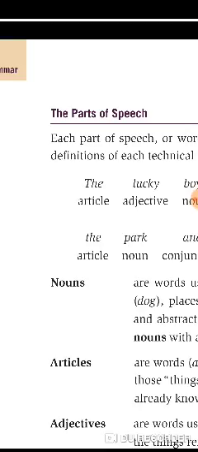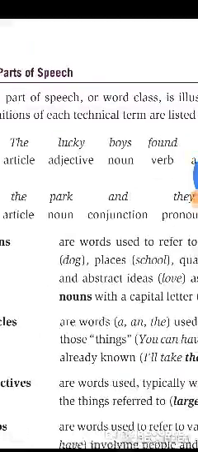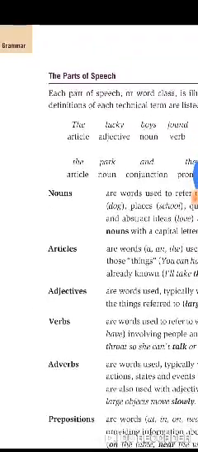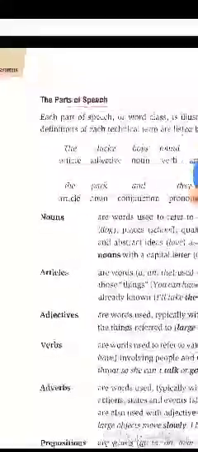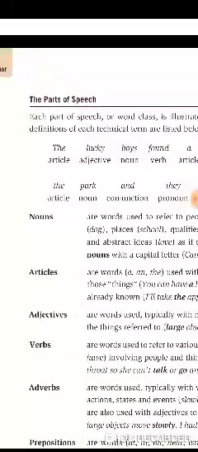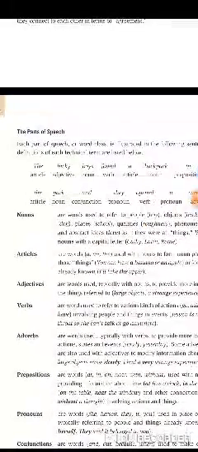If you want to understand these parts of speech, you have to go to page 94 and find this big sentence, lines 2, 3, 4, 5 and 6, beginning like this: The lucky boys found a backpack in the park and they opened it carefully.